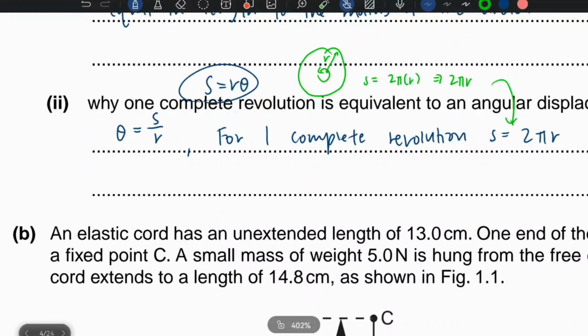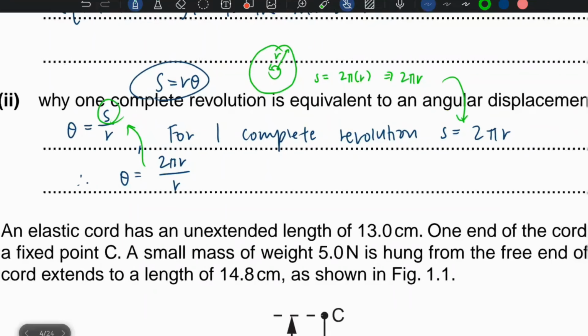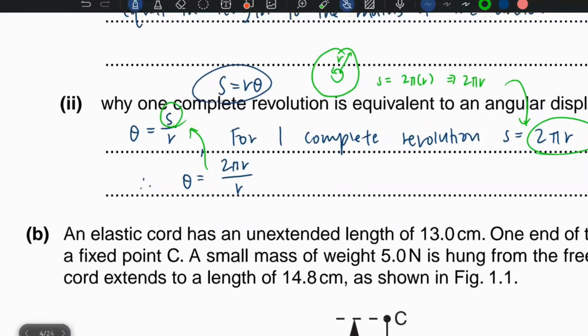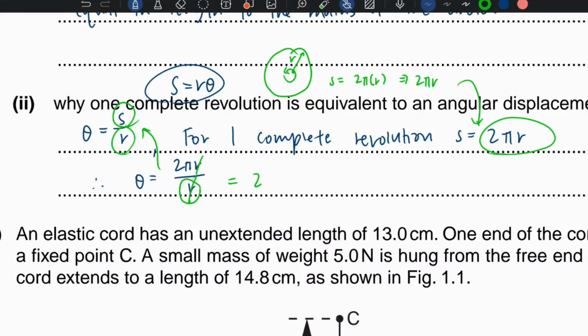Therefore, theta will be equivalent to 2 pi R divided by R. I sub into this formula, so I get my S as 2 pi R, and assuming the circle has a radius of R, I put it as R. You can cancel out your R and you will get 2 pi radians.